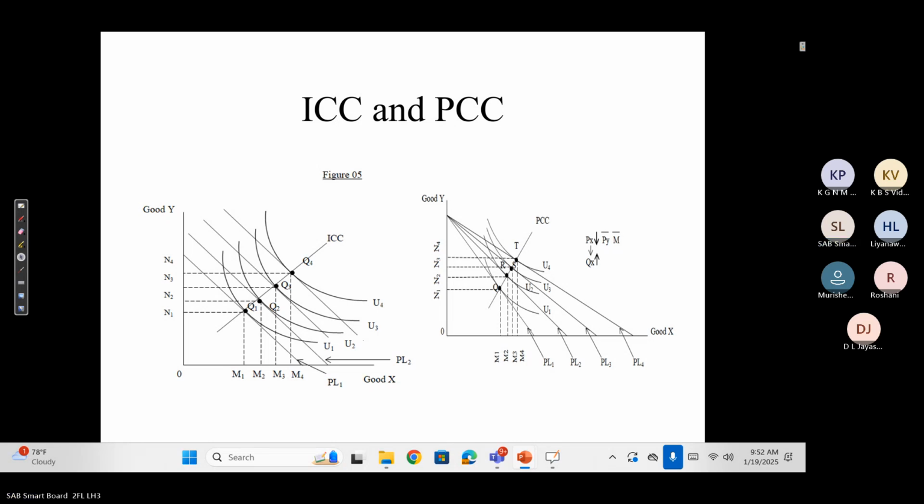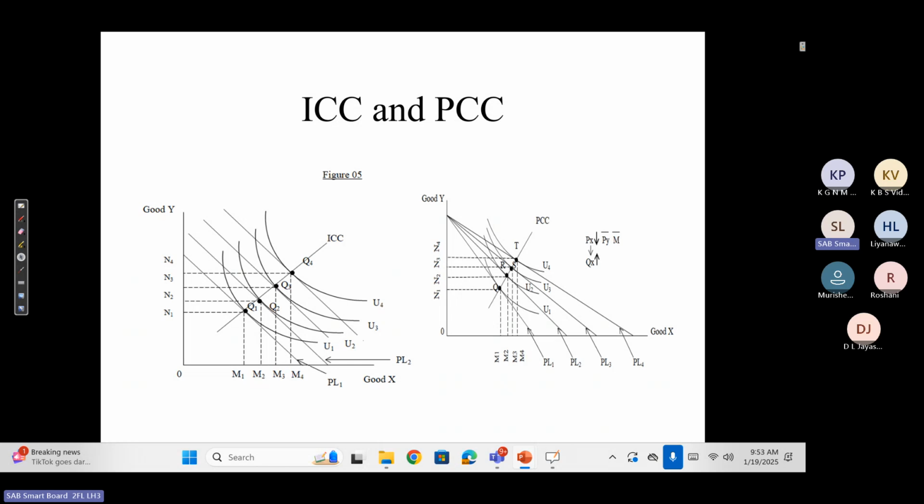Now, you may remember that when we derive the demand curve, the demand curve is downward sloping due to two effects. Theoretically, those reasons are the income effect and the substitution effect. Based on this explanation, we can identify those two effects.